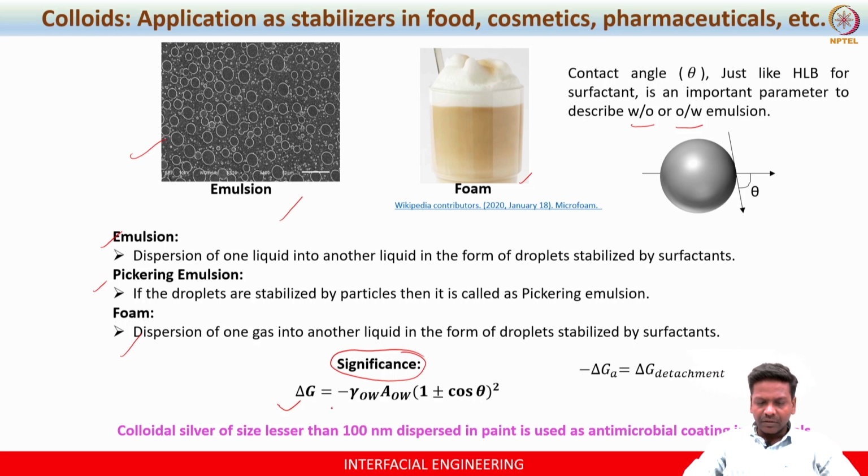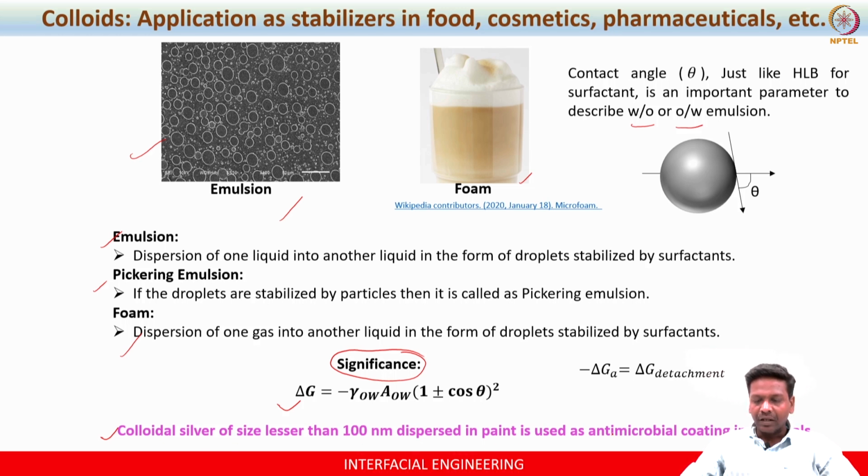And this equation signifies that as a function of the size of the particle, if the size of the particle goes up, the Gibbs detachment energy also goes up, and it can also be controlled using theta, that is the contact angle of the particles, right?